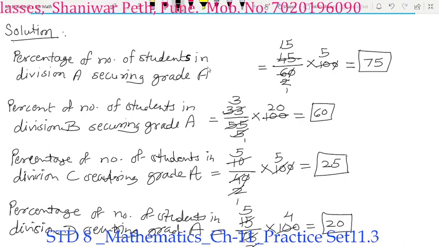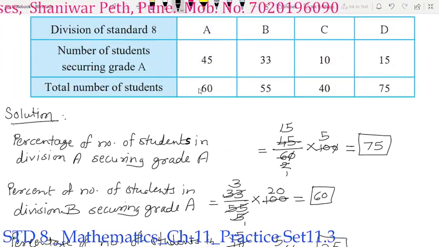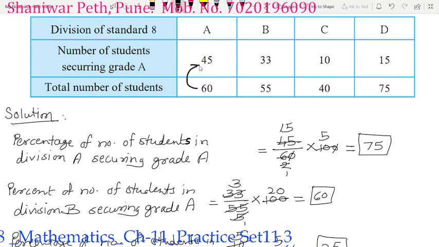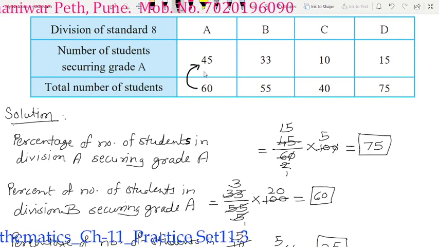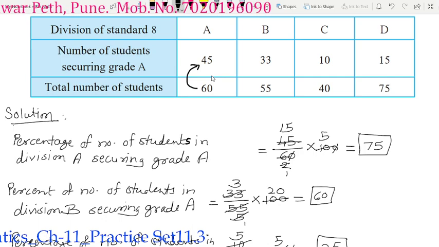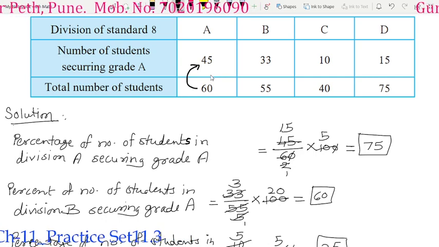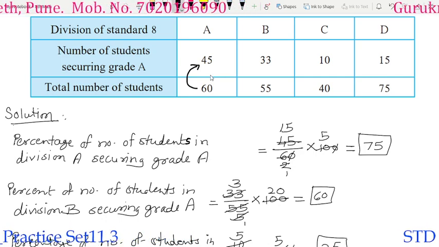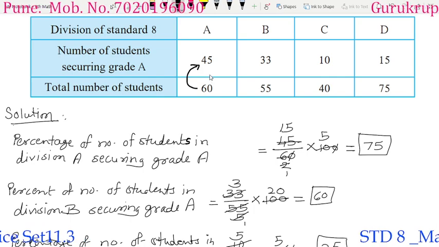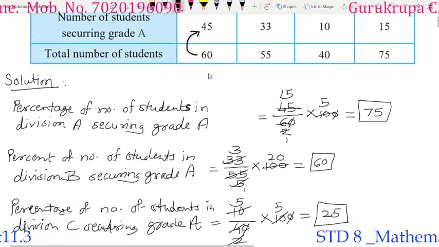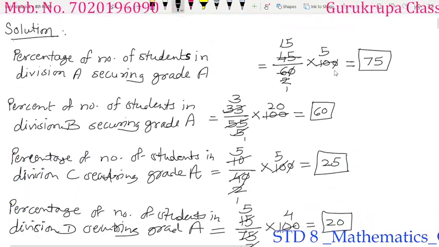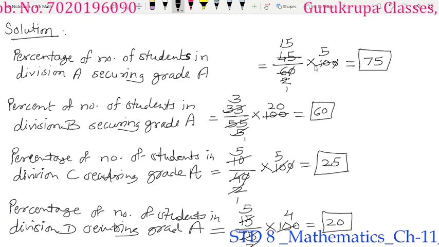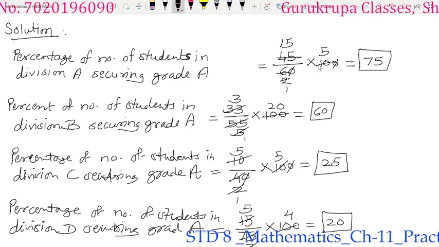In the table we can see that out of 60 students, there are 45 students who secured A grade. So the ratio of the number of students securing A grade to the total number is 45 upon 60. Now we multiply that ratio by 100.